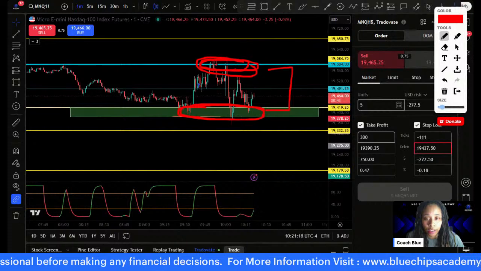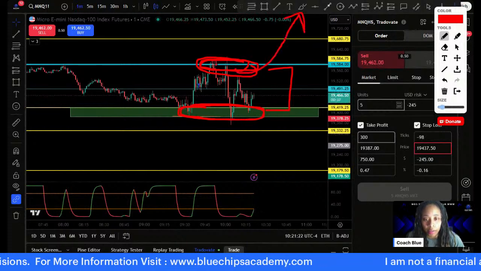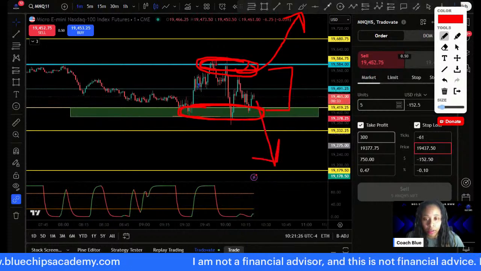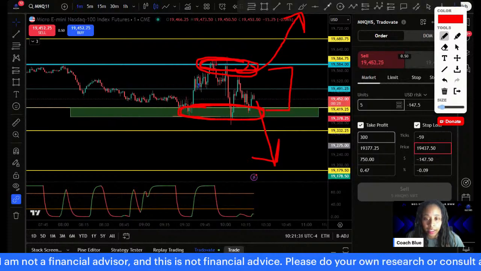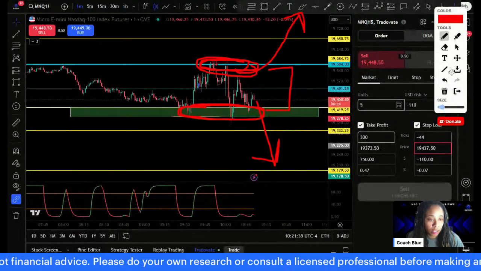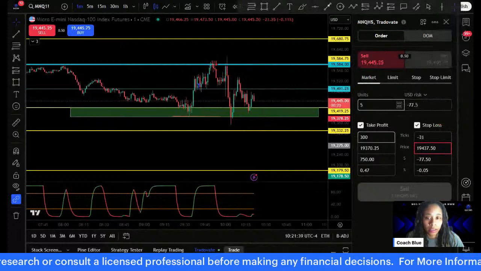If there's more buyers, you'll see the breakout, and then you'll see price follow suit. If there's more sellers, you'll see the breakout, and then price follows suit. Right now, it's an even amount of buys and sells going into the market, so there's no clear direction. That's where we are with that.